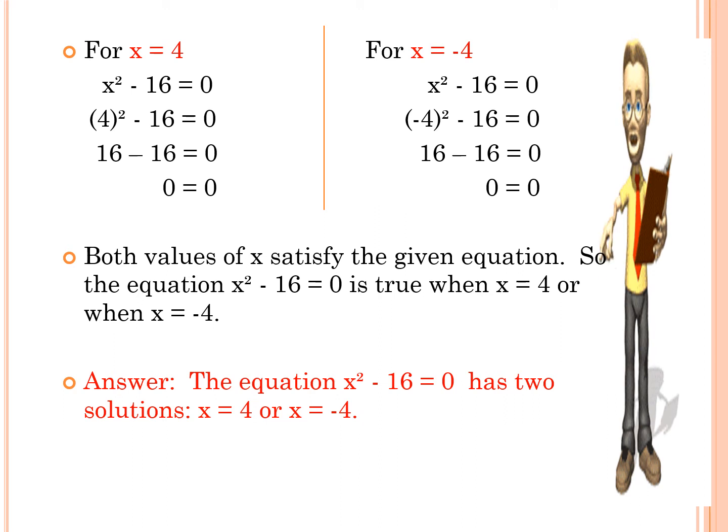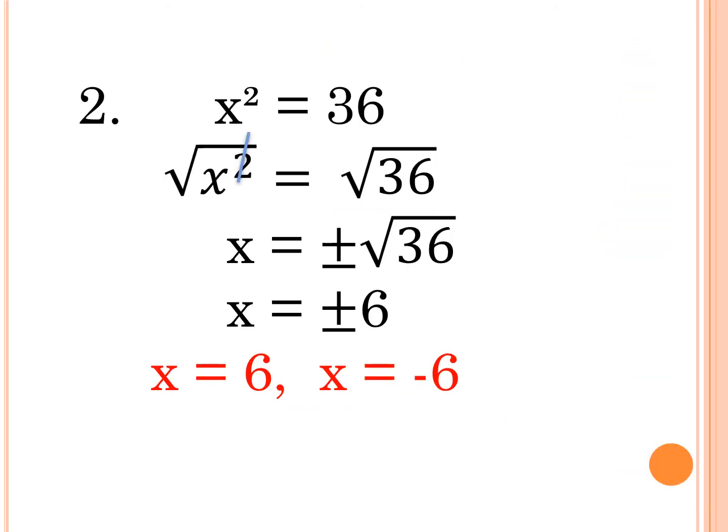Okay, did you understand, guys? Okay, example number 2. x squared equals 36. By extracting square root, we write the square root sign on both sides. So, it becomes square root of x squared is equal to square root of 36.